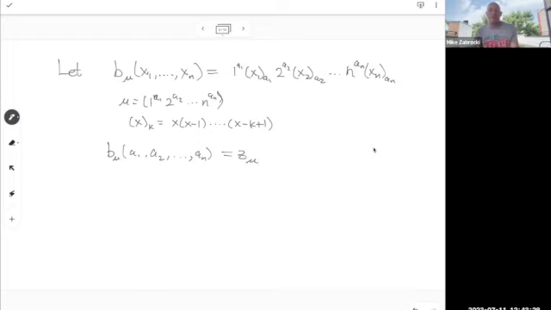That's the way I defined it. But more generally, consider b_mu(m1, m2, up to mn), where I'm going to let gamma equal 1^m1, 2^m2, ..., n^mn.